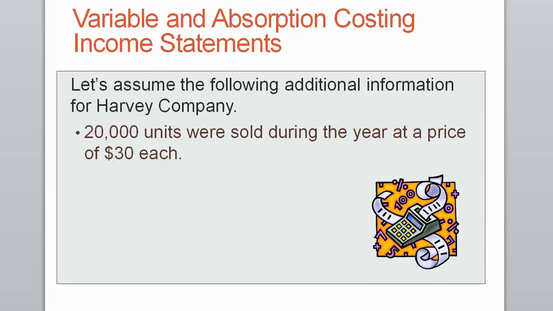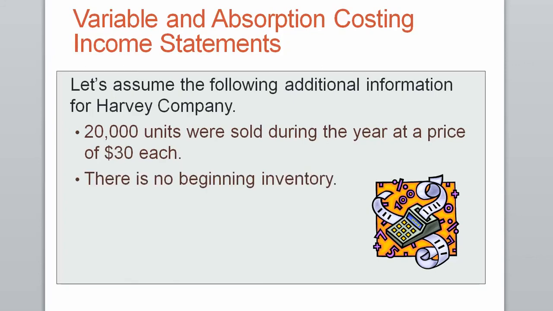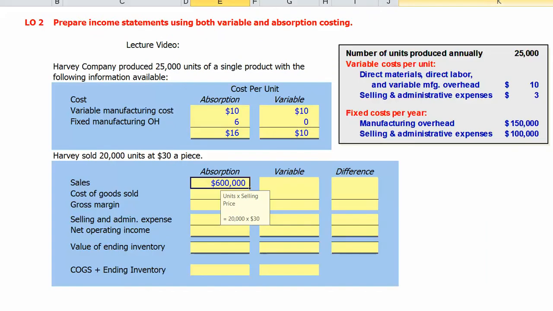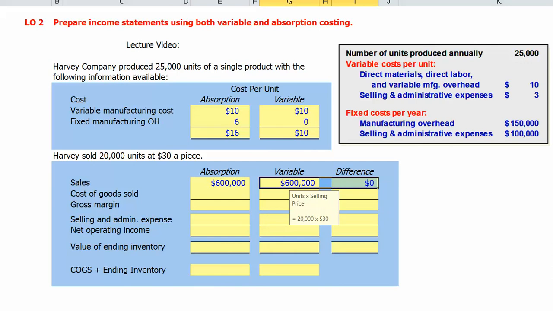Let's assume the following additional information for the Harvey Company. During the year, 20,000 units were sold at a price of $30 per unit, and there's no beginning inventory. If Harvey sells 20,000 units at $30 a piece, sales will be $600,000 for the year, and that's going to be the same for both absorption costing and variable costing, so there's no difference in the amount of sales under the two accounting methods.